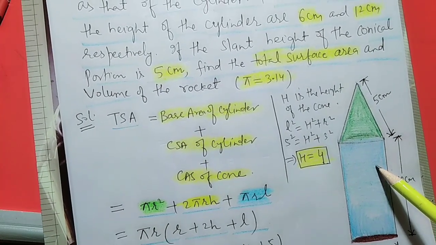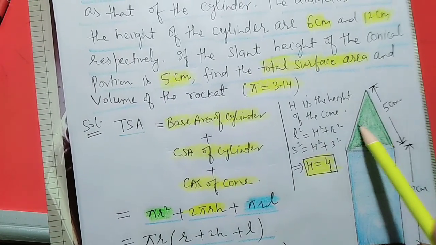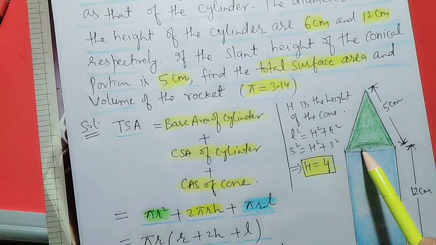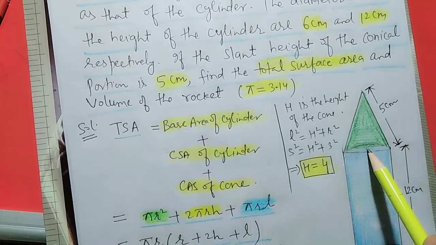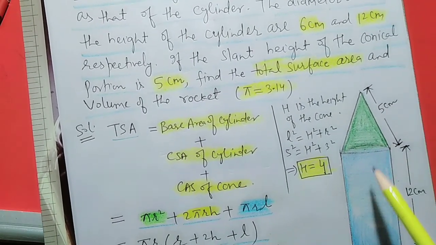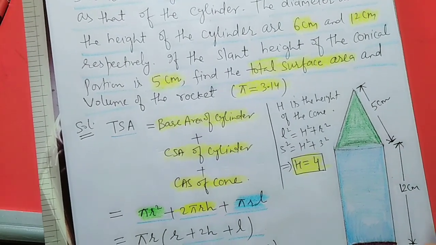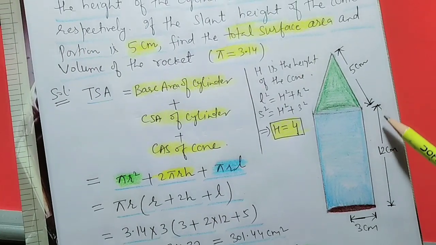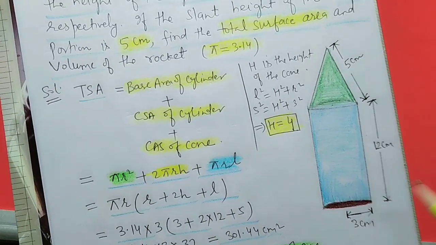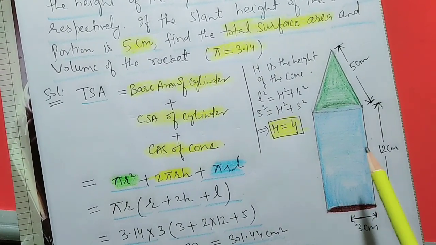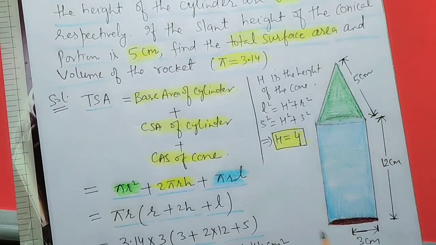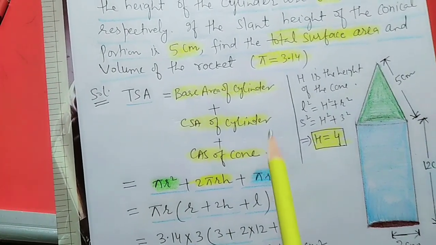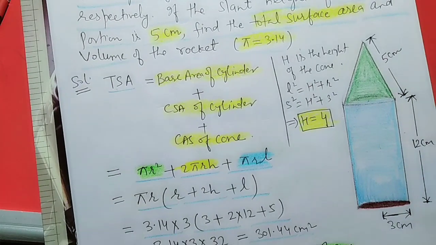The lower portion is the cylinder and the upper portion is the cone, and obviously in this case the radius of the cone and the radius of the cylinder will be equal. The slant height of the cone is given as 5 cm, the height of the cylinder is 12 cm, and the radius of both cylinder and cone is 3 cm. Now we need to find the total surface area of this solid.